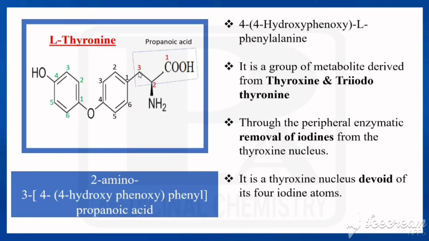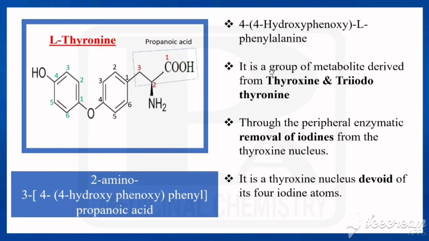In that CH3, one H is replaced by phenyl, and that is called phenylalanine. In the phenylalanine, the fourth position is attached with a 4-hydroxyphenoxy group. So what is the chemical name? 4-hydroxyphenoxy L-phenylalanine. Here L represents the configuration. That is another name for L-thyronine.